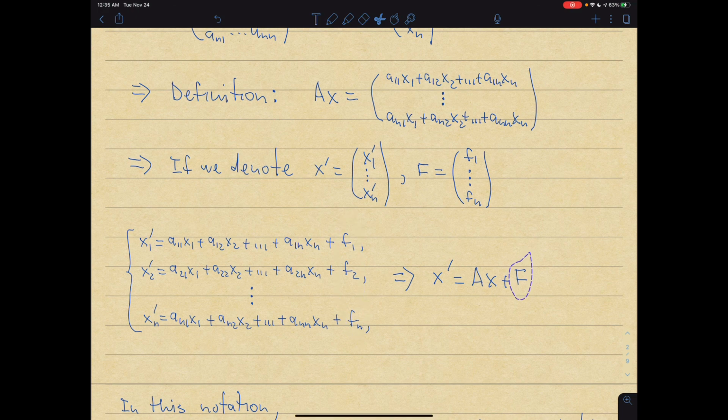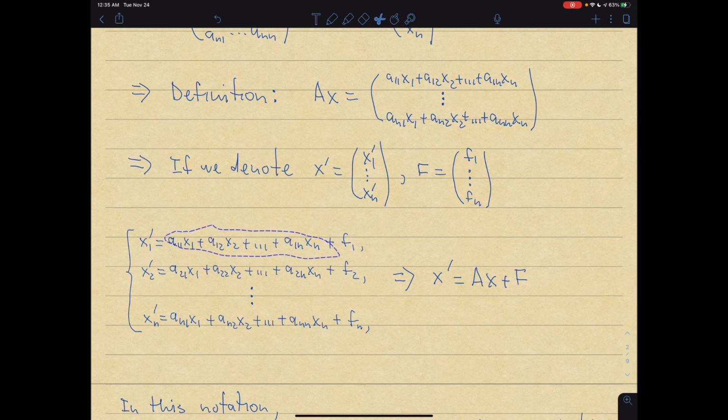And then if I compare what I got as rows in my matrix vector product Ax, I see exactly the same things as I see on the right hand sides of ODEs in my system, right?